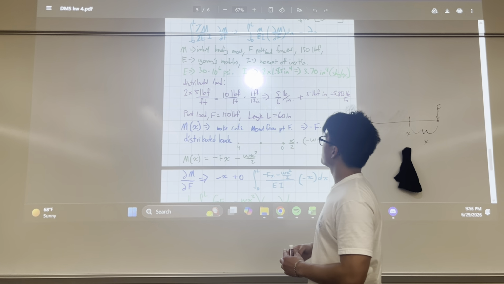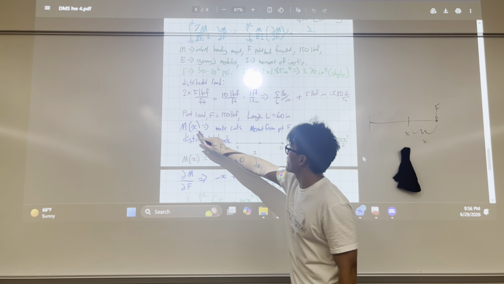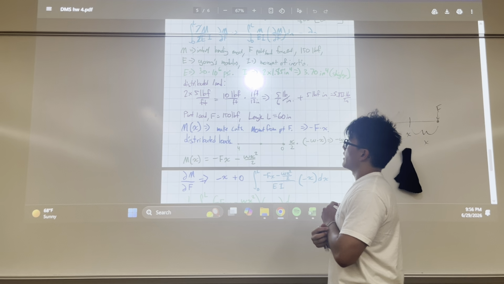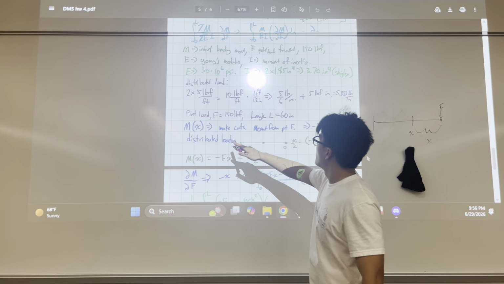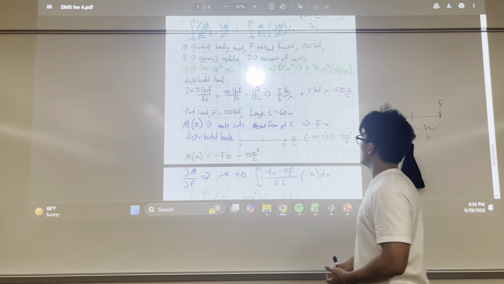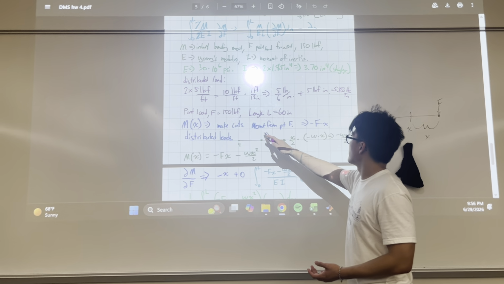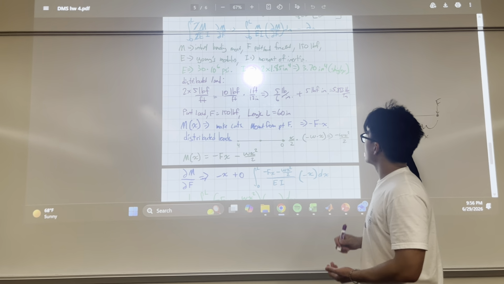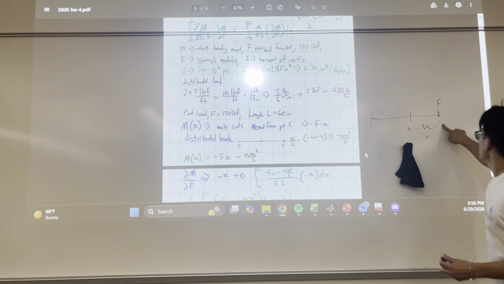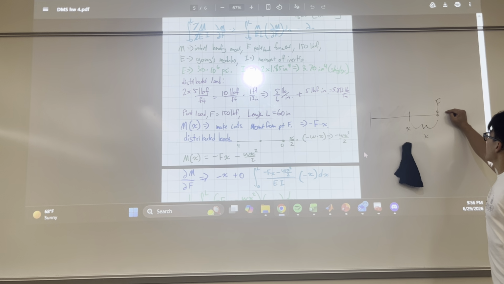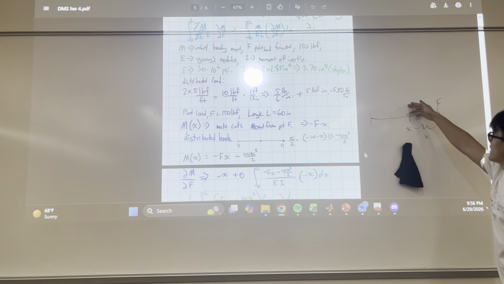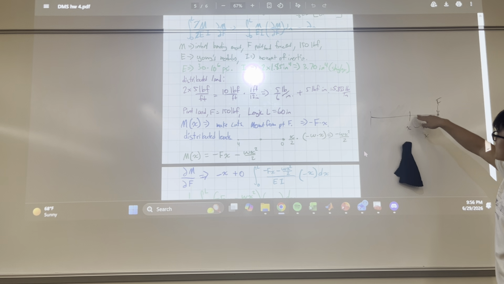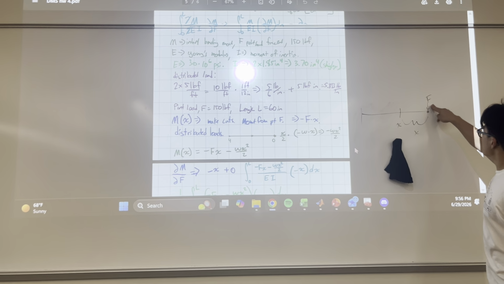Now we can use the principle of superposition to find the moment. We do this by making cuts, and we can do the point load first. If we look at this diagram, there's the point load, and if we make a cut at point X and calculate the moment, the force is X away.